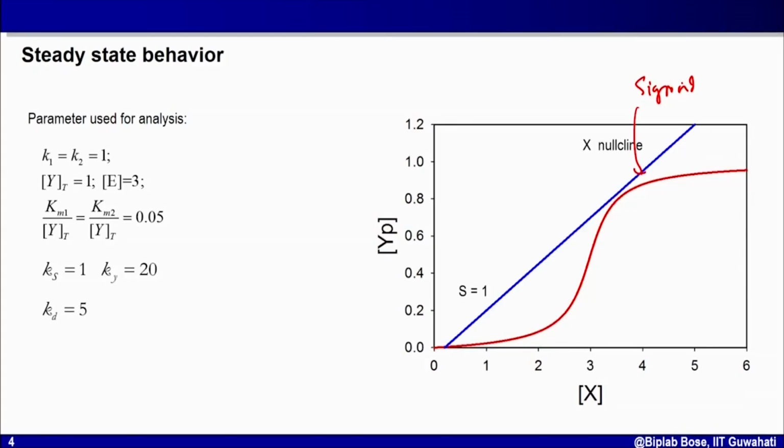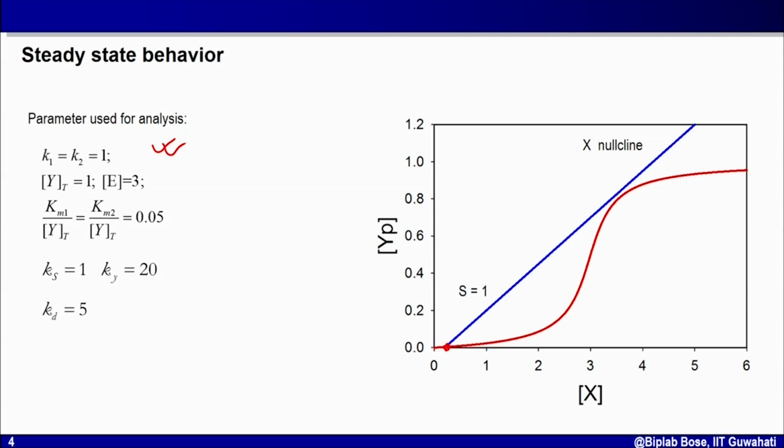So let us consider first S equal to 1. If you consider input signal S equal to 1, then you get this straight line shown in blue color, and that is my x null cline. Let us clean a bit. Now I will change S from 1 to 5. Before I change, you notice here when S equals 1, for the parameter values that I have used to draw this plot, there is only one point of intersection.